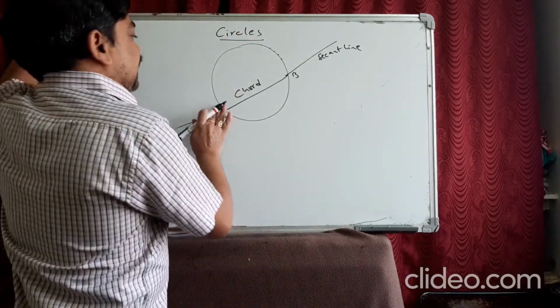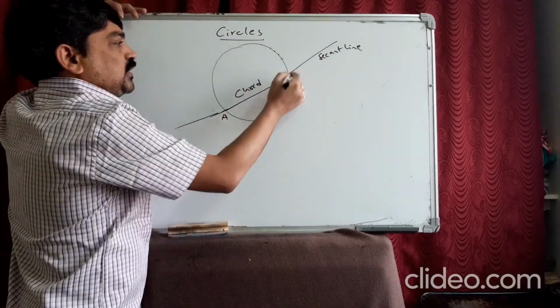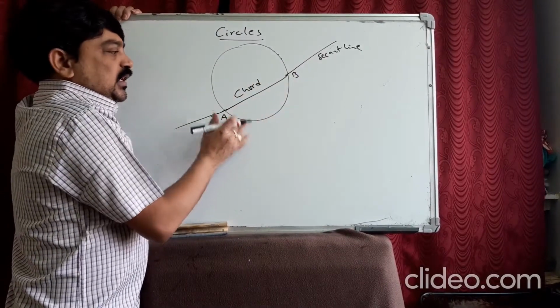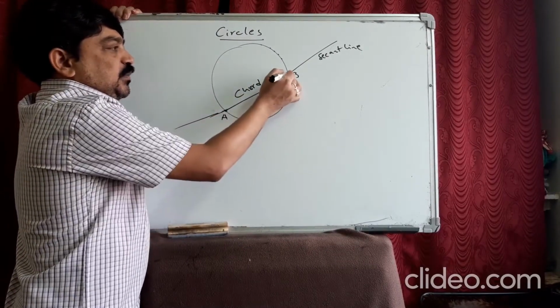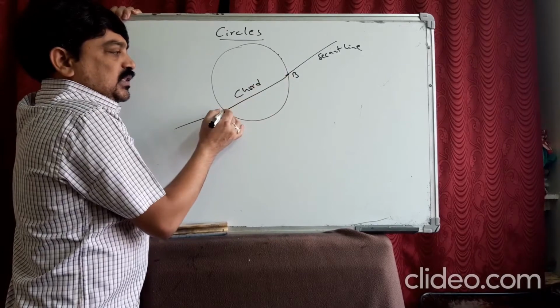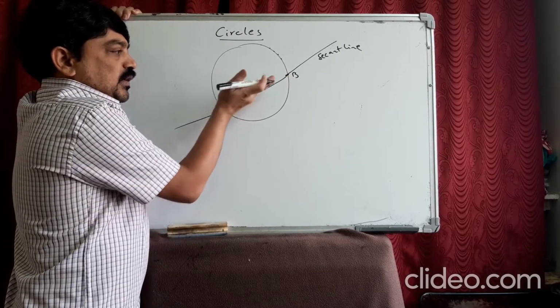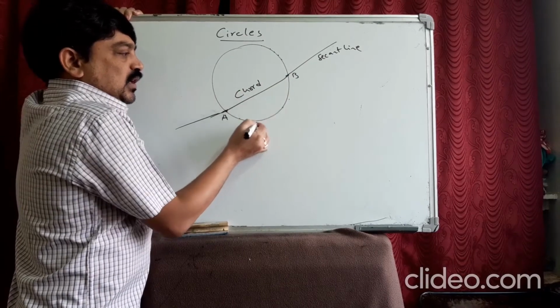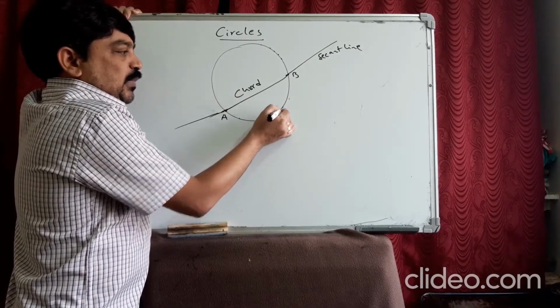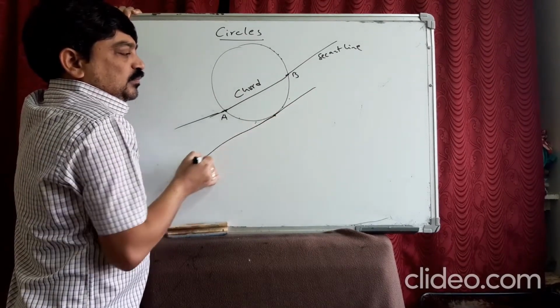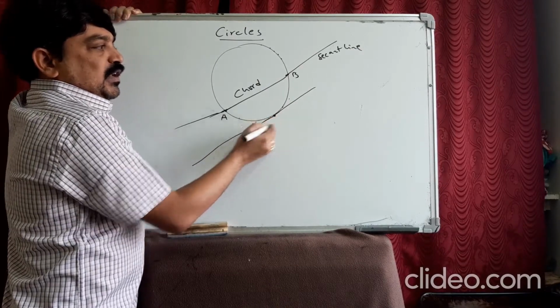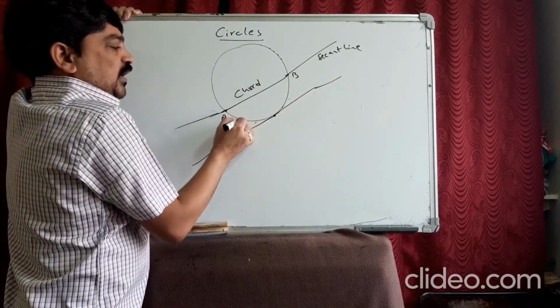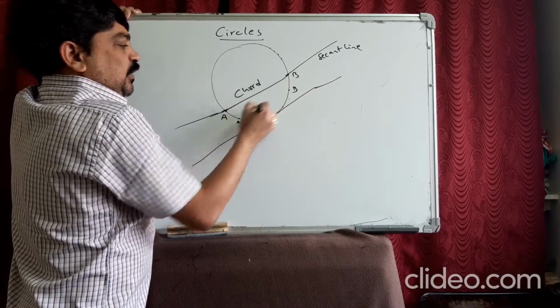See, the secant line is passing through A and B. That means if the secant line moves towards here and towards here, it will pass through only one point here. If A and B are here, the secant line will be like this.